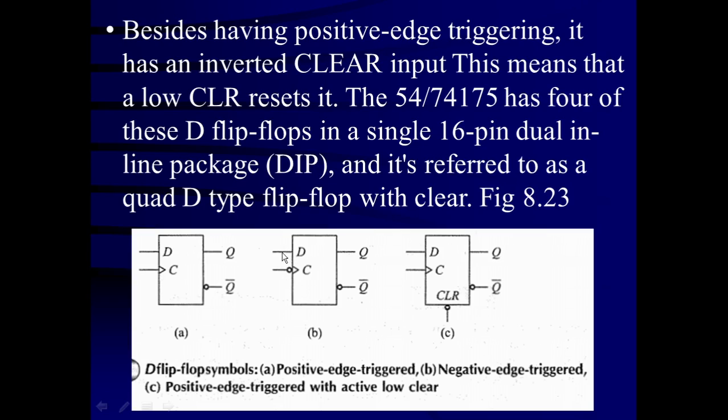Here is the data input line, and there is a small triangle and bubble, which indicates this is a negative edge triggered D flip-flop. And here there is a D input on a positive edge triggered D flip-flop, and you can see that a clear input is also there with a bubble, which indicates that it is an active low clear input. So when this terminal is activated, the flip-flop is going to be cleared, or reset.